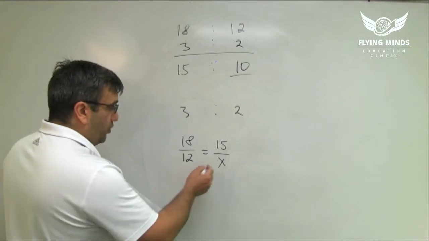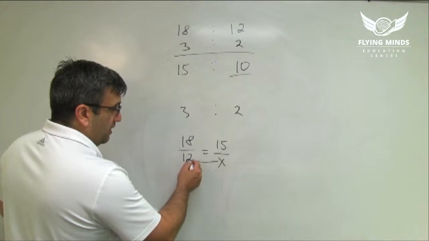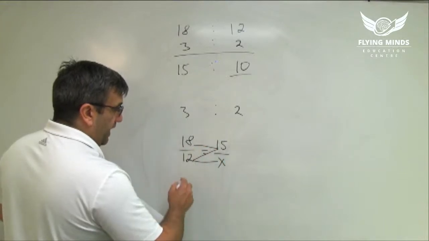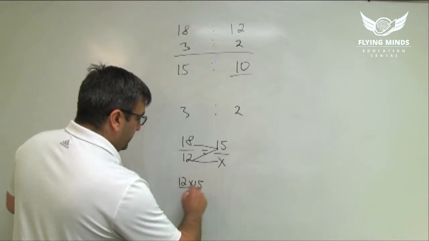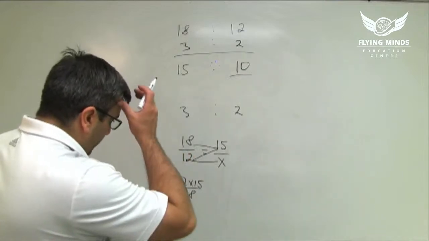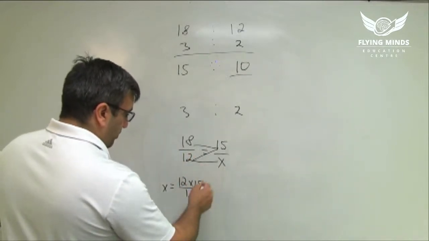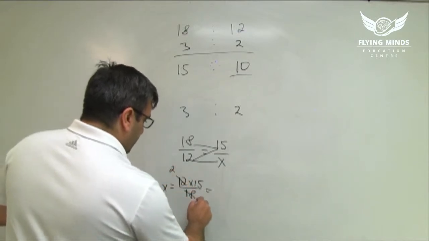So how to solve proportions? We start from x, cross multiply, divide, right? So 12 times 15 divided by 18, right? So x equals that. Okay, and before we multiply, we simplify by 6, right?